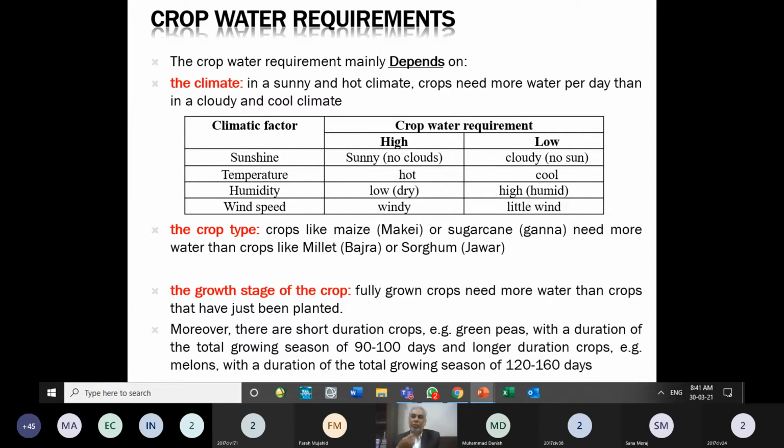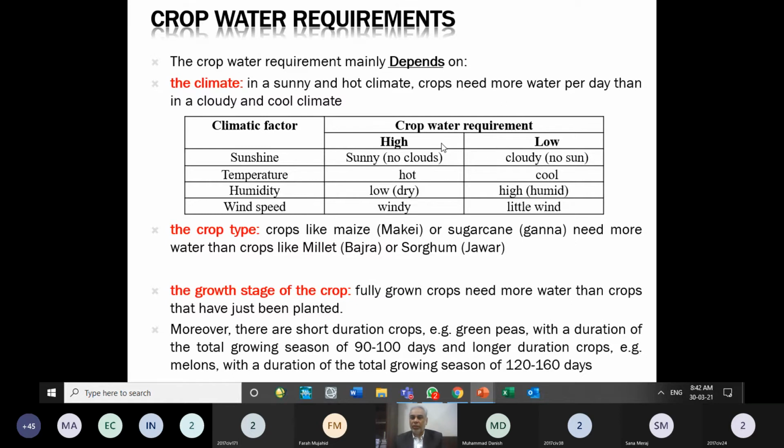That is why evapotranspiration at the equator will be much different as compared to evapotranspiration from the polar area or from the middle latitudes. Sunshine energy is dependent upon location, cloudiness, and atmosphere. If more energy is available through sunshine, more crop water requirement will be there.